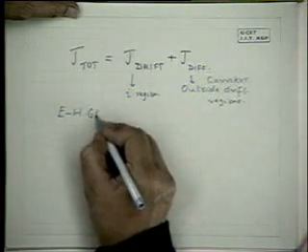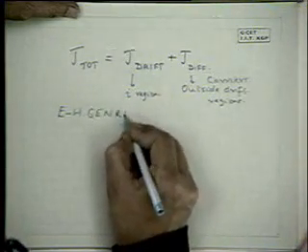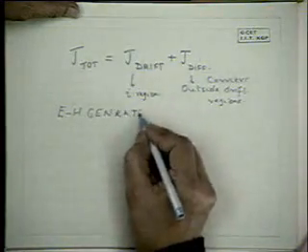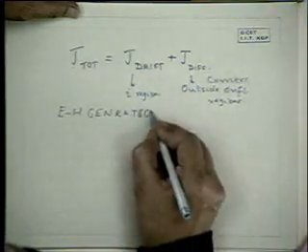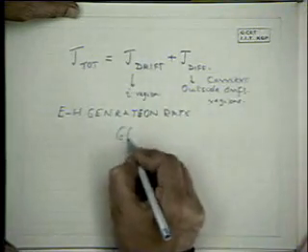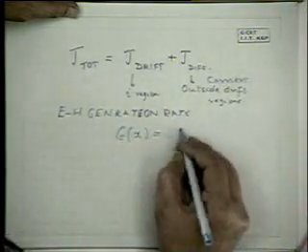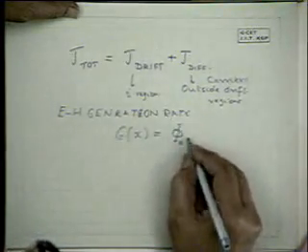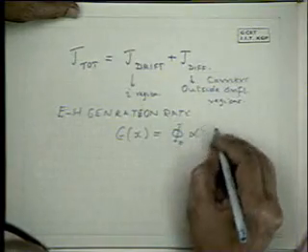The electron hole generation rate G(x) is phi 0, the intensity of the light, times alpha, the absorption coefficient.